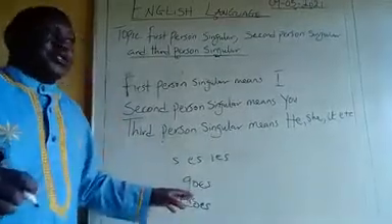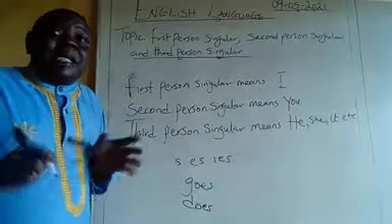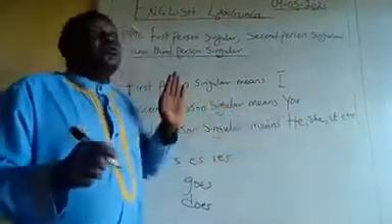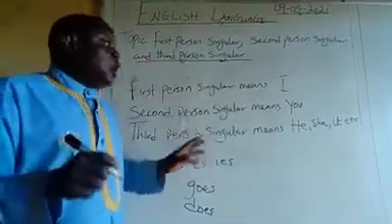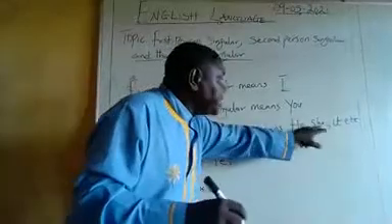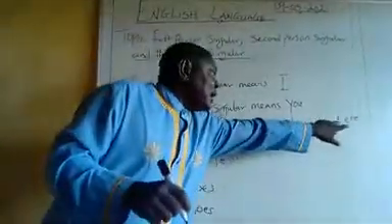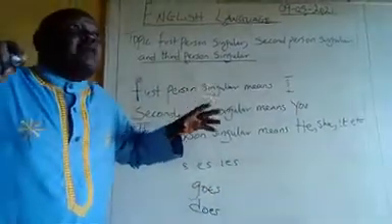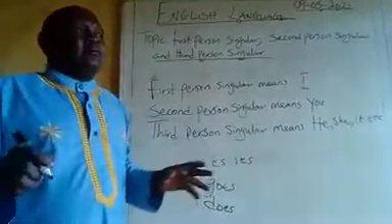For instance, Solomon goes to school. Solomon is a noun. If you mention the name of a person, you can make use of the verbs of the third person singular. Not he, she, and it alone.